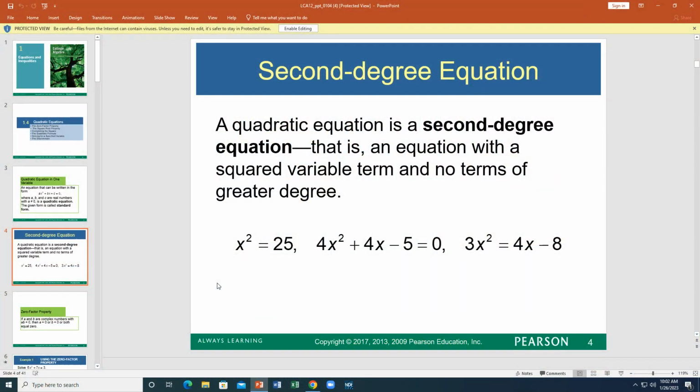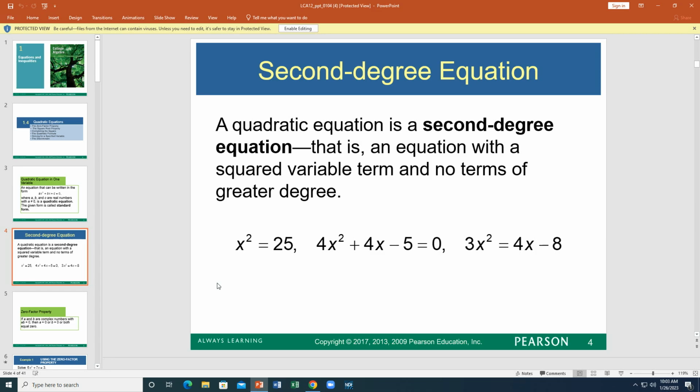Now if you want to solve the quadratic equation, these are examples of quadratic equations. You see in all these equations, you'll have a squared variable term, and you do not have any terms of degree greater than 2.